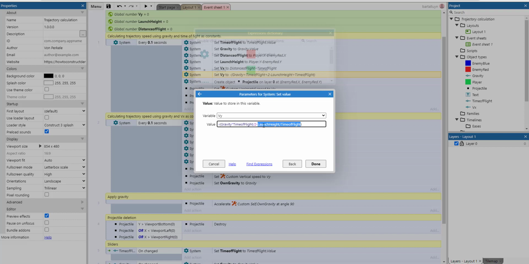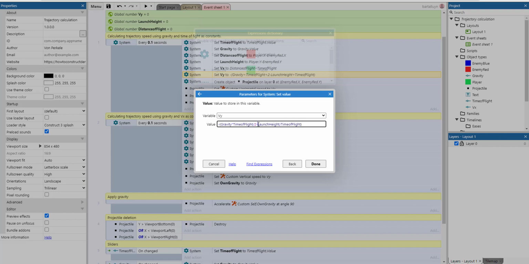This is actually the compensation of the velocity for the enemy or the player being higher up or more downwards than the other. So if it's higher up, that means the launch height will be a higher number, and we have to divide that by the time of flight to have a velocity, because we're adding velocity to a velocity here.